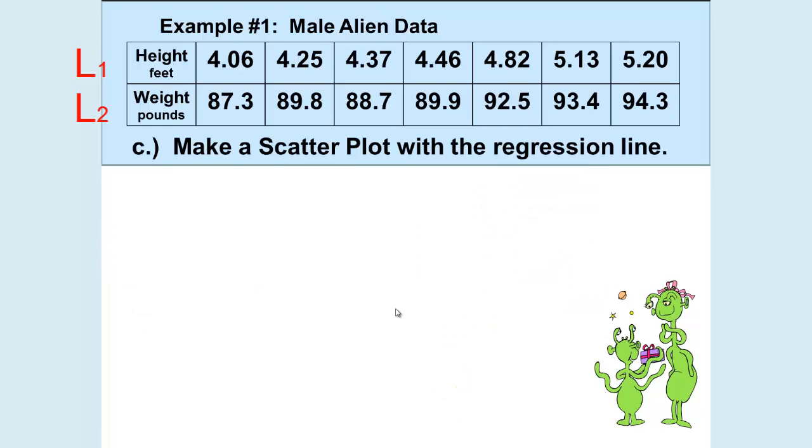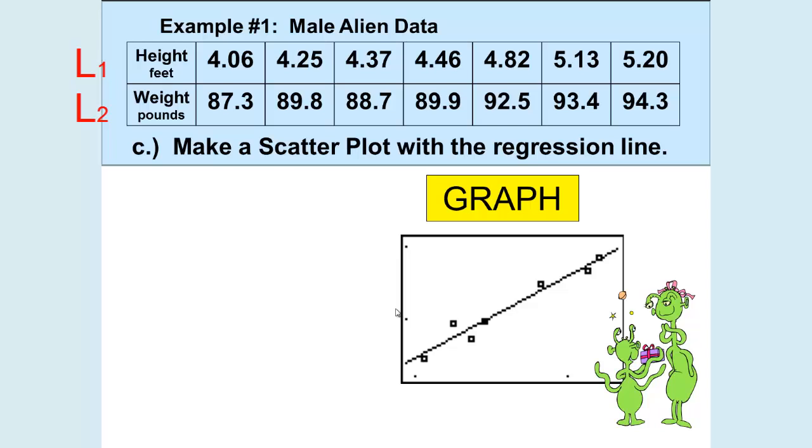Now to part C, to make the scatter plot with the regression line. Since Mrs. Borlaug shows you how to store the y1 as part of finding the regression line, all we have to do to get the scatter plot with the line is to press the word graph. It should now graph that line through our scatter plot.